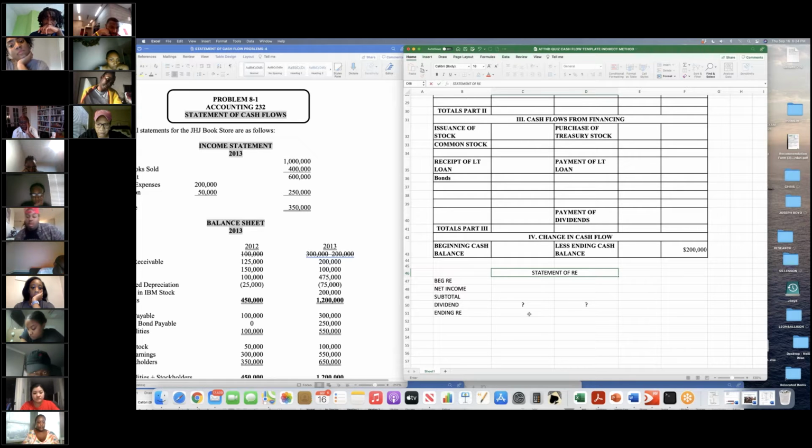Okay. You're breaking up, so I couldn't hear. You said put in the beginning retained earnings, then the net income, and get a subtotal. Then put in your ending retained earnings. The difference between the subtotal and ending retained earnings is your dividend.